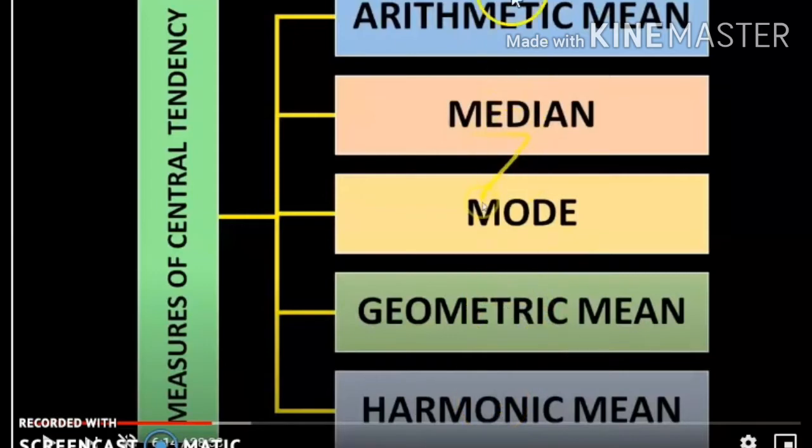In this chapter only three measures are to be studied, that is arithmetic mean, median, and mode. In this part you will just see the arithmetic mean. In the next videos we will share the median and mode.